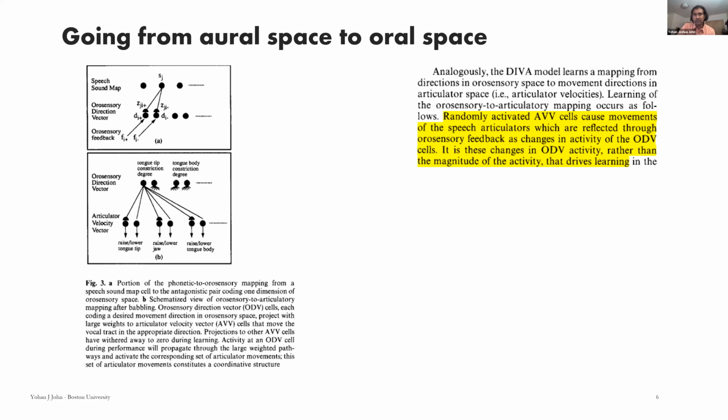This we've seen before. There's an endogenous random generator that's very important during the learning stages. That has direct access to the articulator vectors. So it's pushing the articulators around to produce various sounds, and then through feedback through the whole system that is sent back and compared with the target.